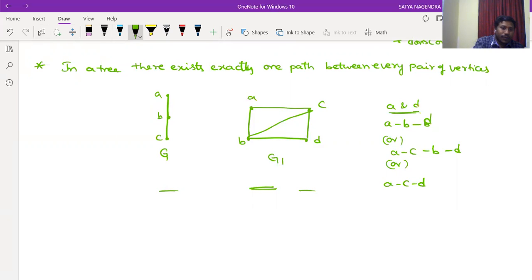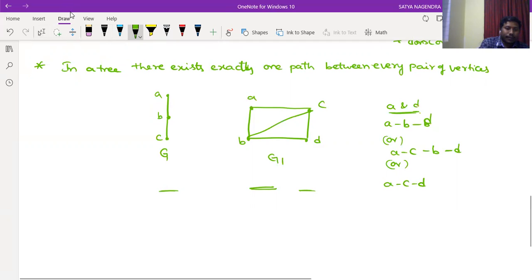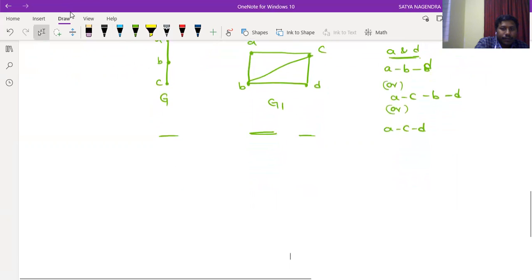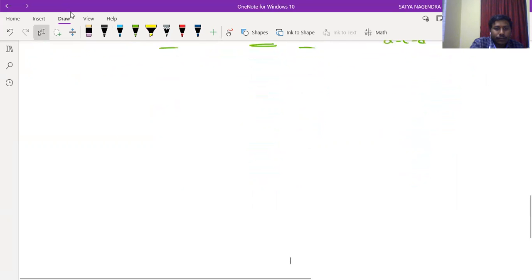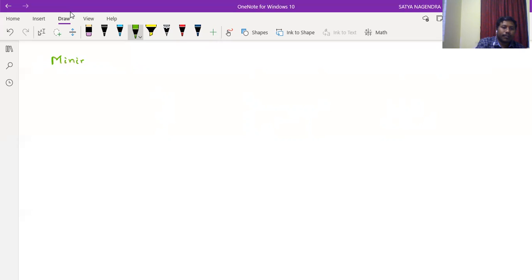Next, one more definition. The next definition is minimally connected graph.